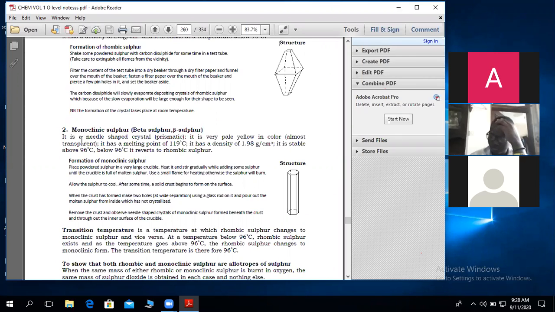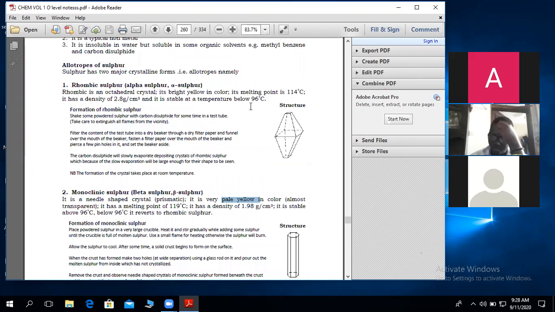So monoclinic sulfur is needle-like shaped, and it is pale yellow. Then rhombic sulfur is bright yellow. Then monoclinic sulfur is pale yellow. So take note of that.